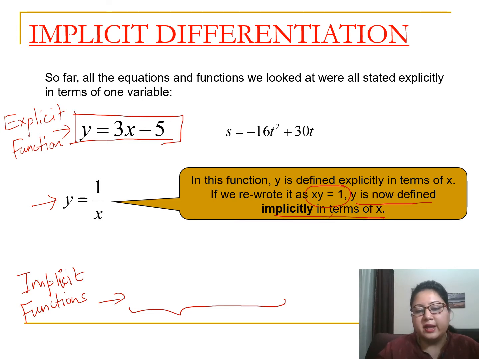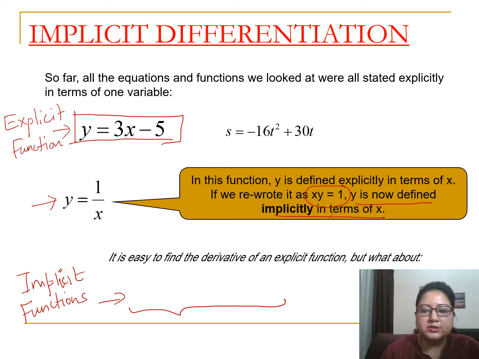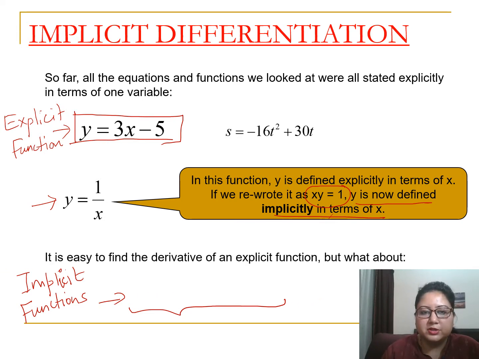Now, if I rewrite this function, I cross multiply and put it in this form, xy equals 1. Now I can say that this function becomes implicitly defined, and y is now defined implicitly in terms of x. I hope with this example, it is clear to you what is the difference between the two types of functions, explicit and implicit.